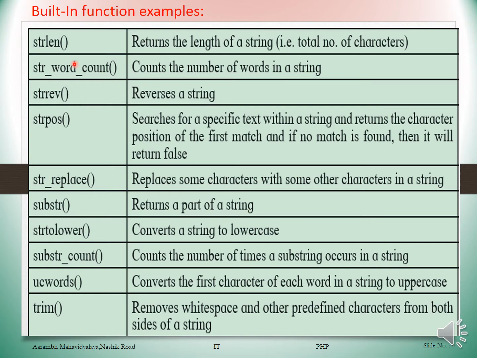In the last lecture, we studied the string built-in functions like string length, string word count, string reverse, string position, string replace, substring, string to lower, substring count, uppercase words, trim. All these are the inbuilt functions regarding strings. But besides these string functions, thousands of different types of built-in functions are available in PHP.